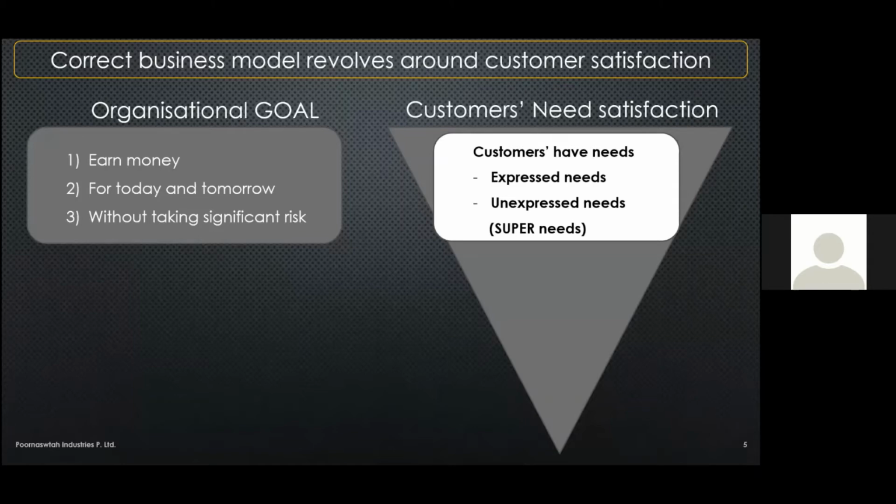But when the customer is saying, I want something different, I don't know what it is, he himself is not aware of it, and you should be in a position to identify that need. That is what I call a disruptive business model. Just think about 10 or 15 years back: did you as a consumer ask for a touchscreen mobile phone?